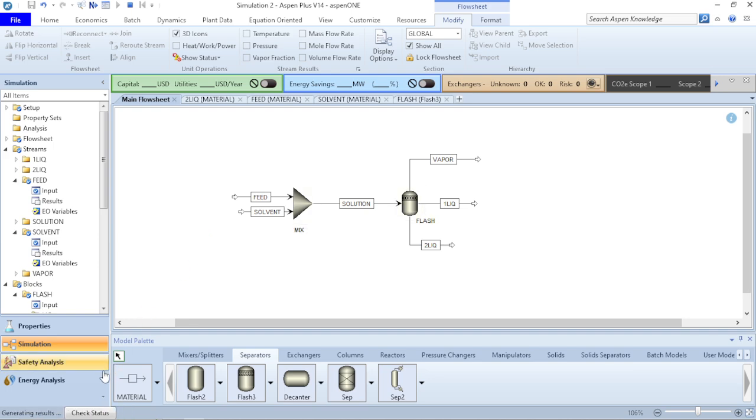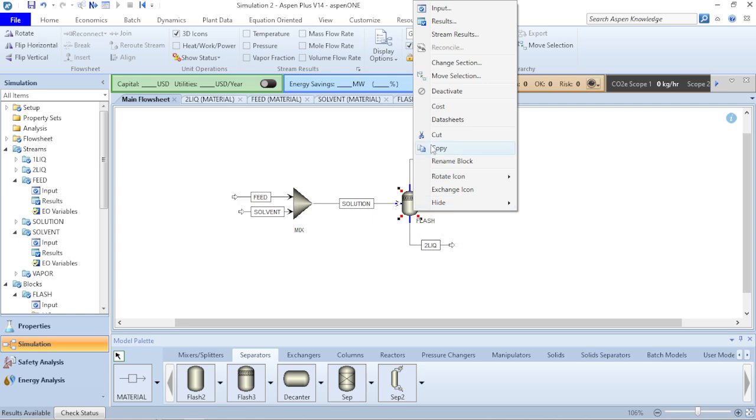Okay, it's calculating, generating results, and then it says results are available. So basically it has calculated our results for us. So I want to check the separation process here. I can just go to stream.